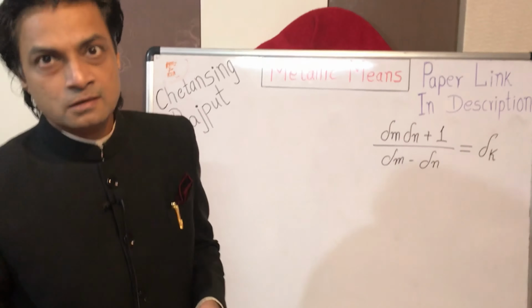In this formula, we have used the first power of two different metallic ratios to derive the value of another metallic ratio.